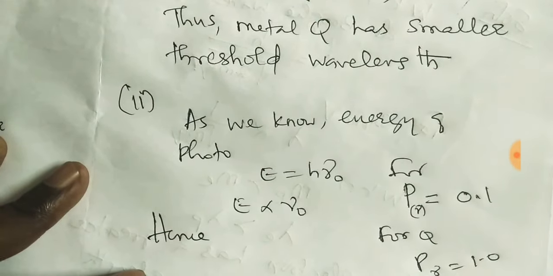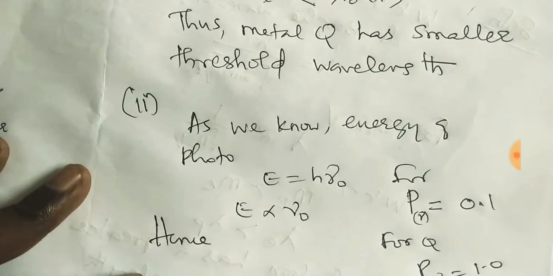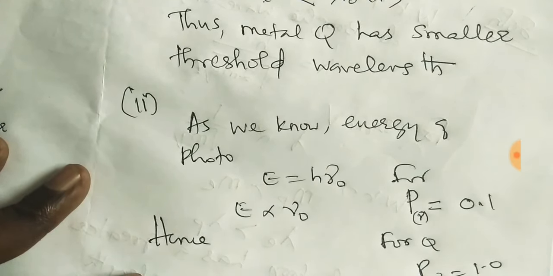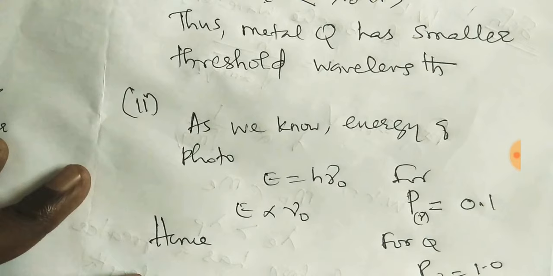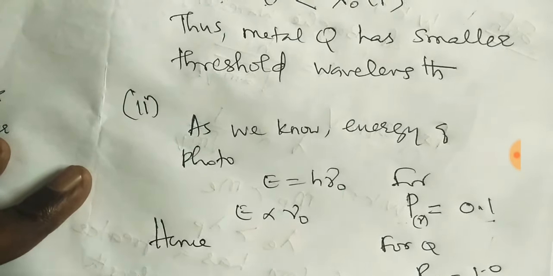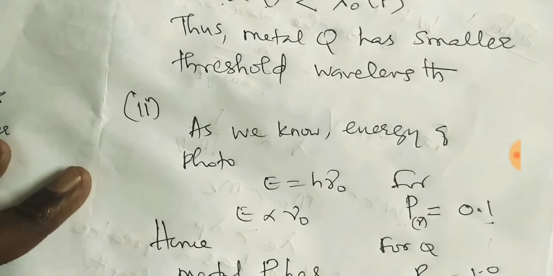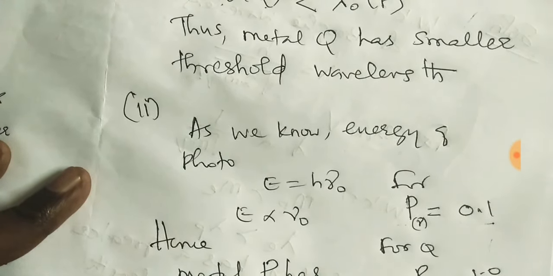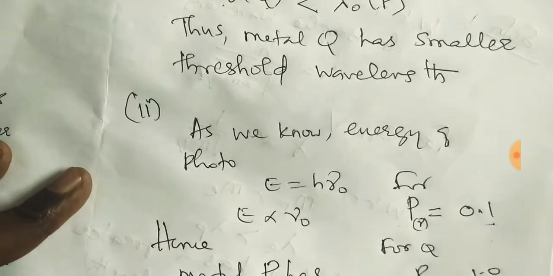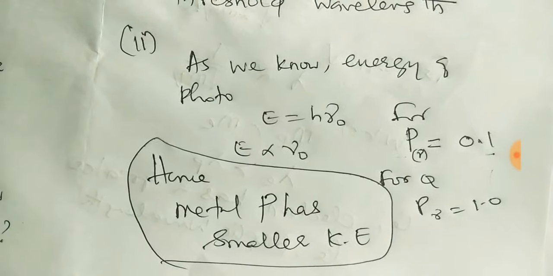Very easy. What is the proportionality between nu and E? Directly proportional. P has a smaller nu. Hence metal P has smaller kinetic energy. Okay, metal P has a smaller kinetic energy.